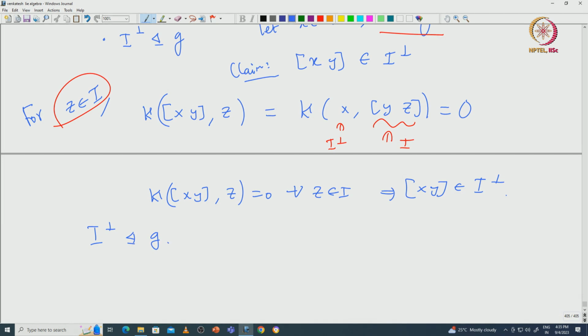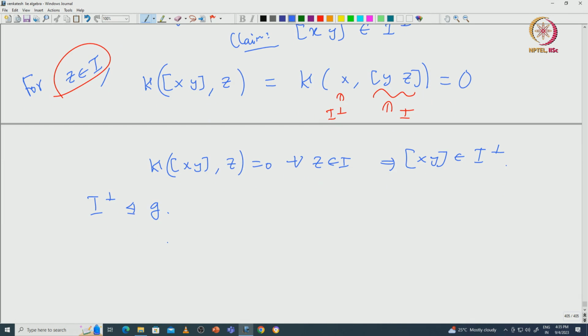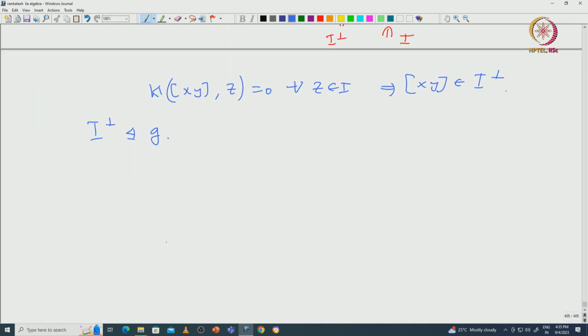Now, if we have a semi-simple Lie algebra, then we know that the Killing form is non-degenerate.